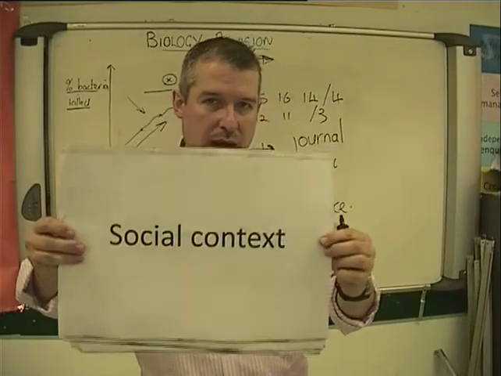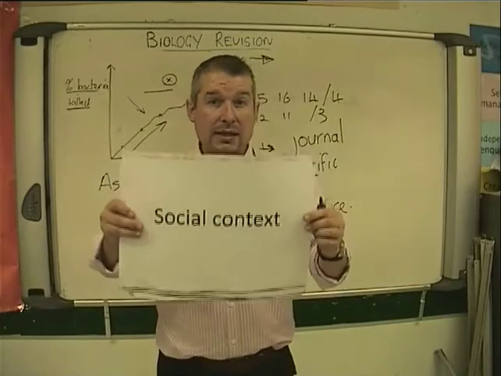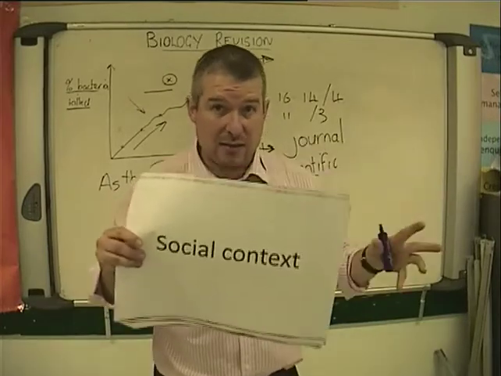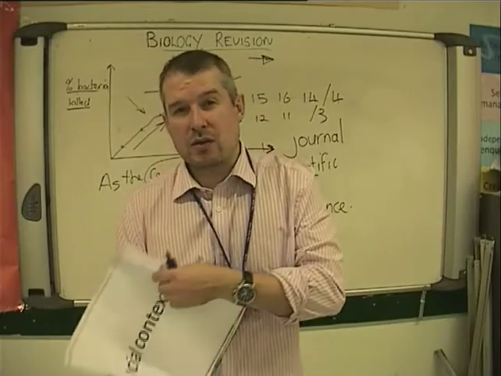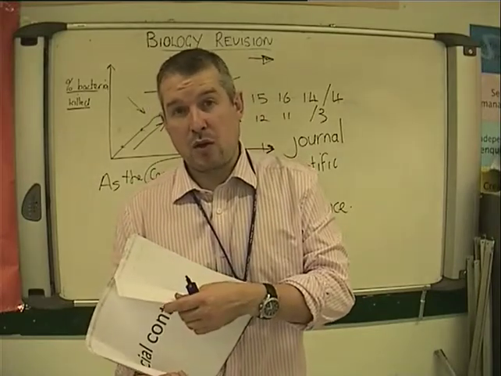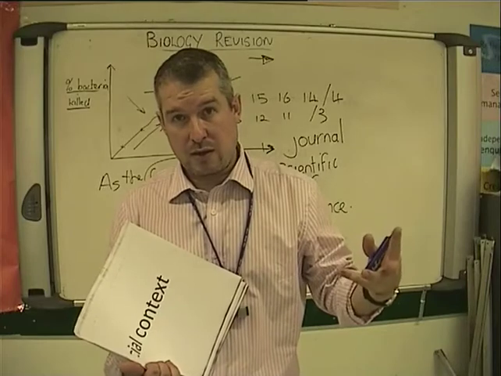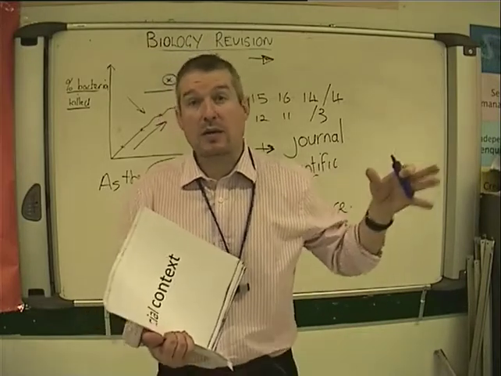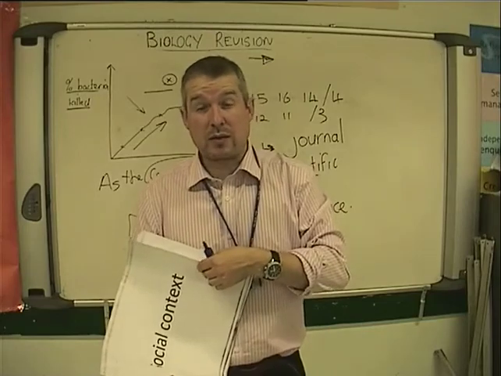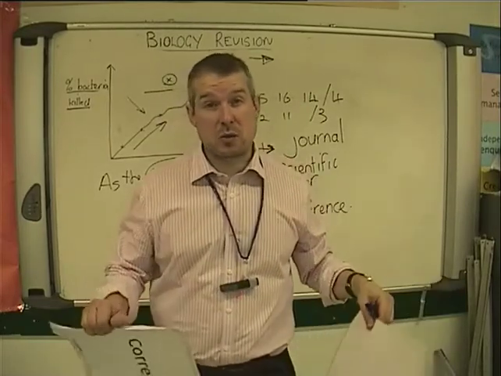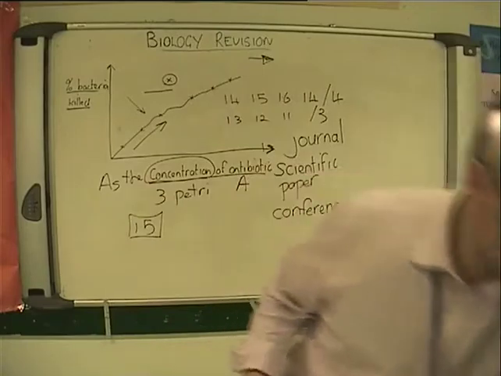The social context means how any decision affects society that we live in. So for instance, if the government decided not to vaccinate children anymore, what would be the social context of that? Well, it means that families in the country would suffer as a result because their children would then get these nasty diseases which we can't be protected against.